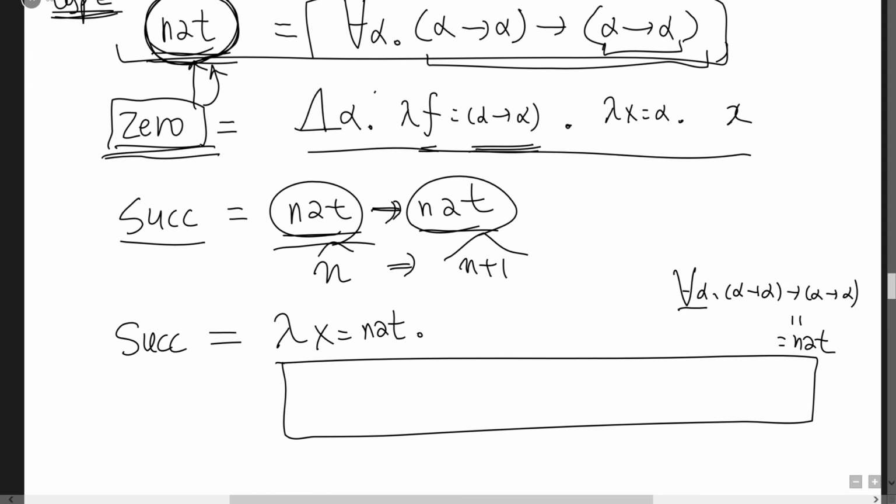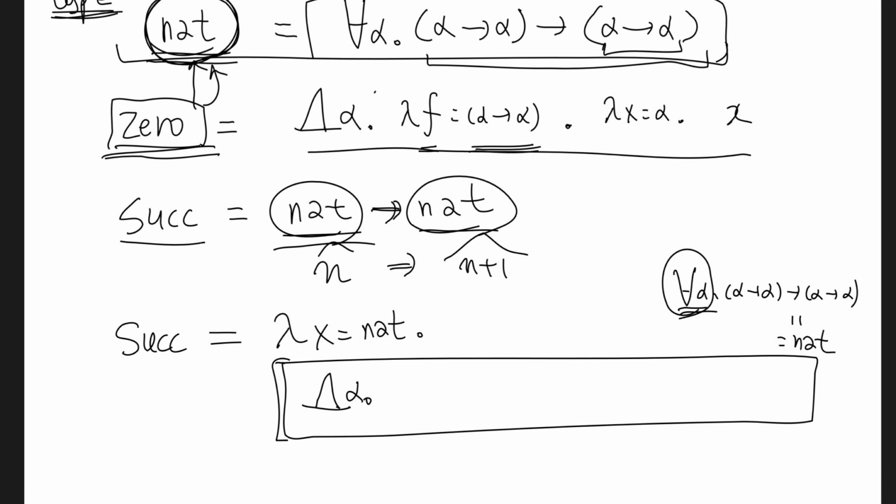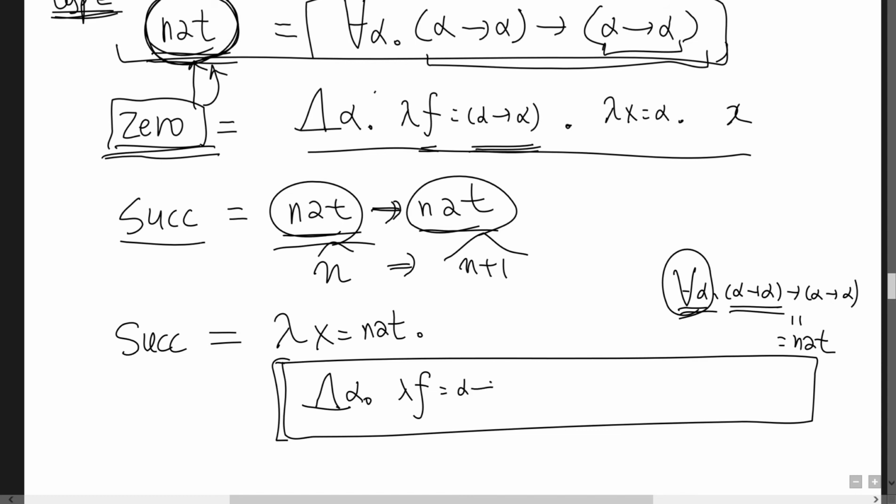So the first part of this expression is capital lambda alpha. So we have introduced this polymorphic type variable alpha. And then the next part is this function f of type alpha arrow alpha. And finally, we have to build a function of this type alpha arrow alpha. So give me an argument x of a type alpha, and finally the remaining job is to find an expression of a type alpha here.